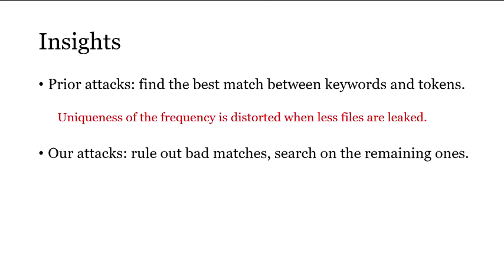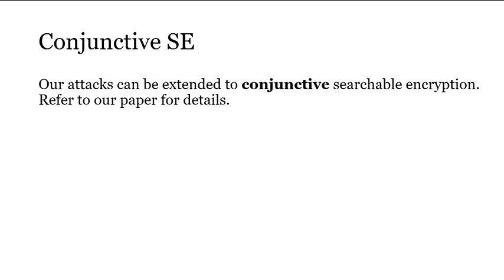On the other hand, our attacks use this information to rule out those bad matches, to rule out those keywords that are unlikely to be the real keywords for the token, and then search on the remaining ones. So this improves the accuracy significantly. Also, our attacks can be extended to conjunctive search, and you can refer to our paper for details.